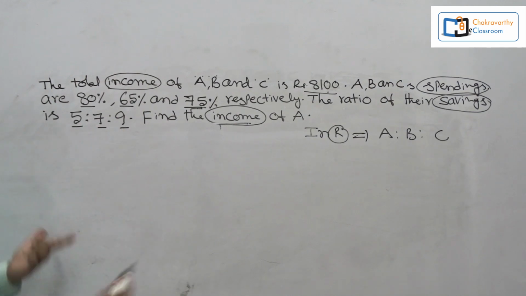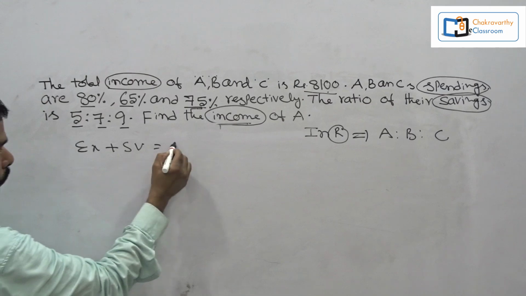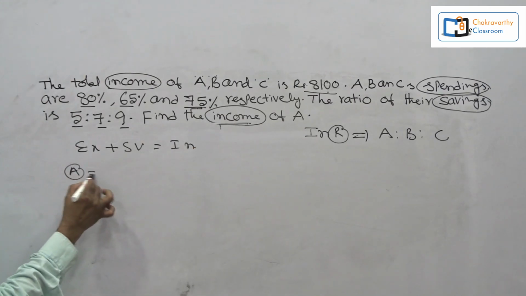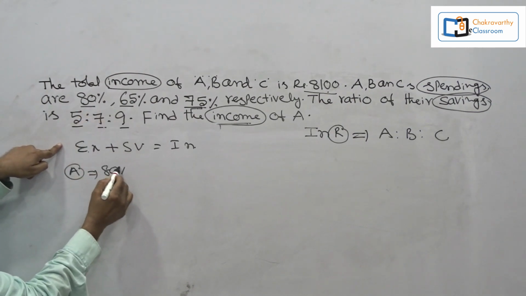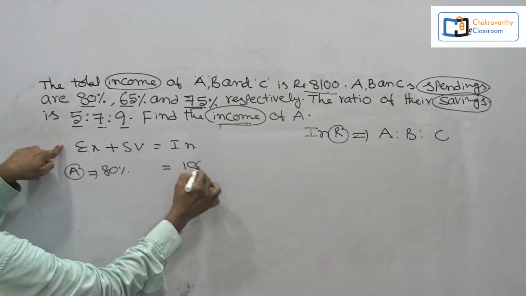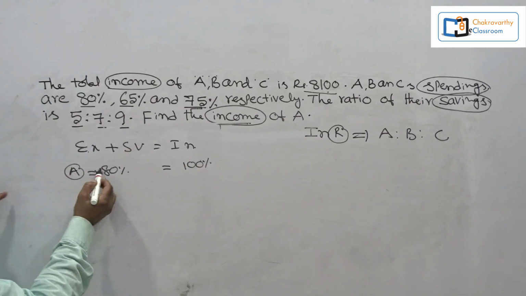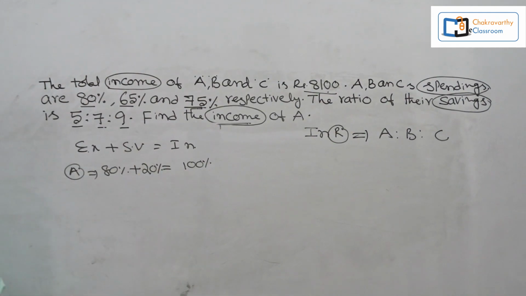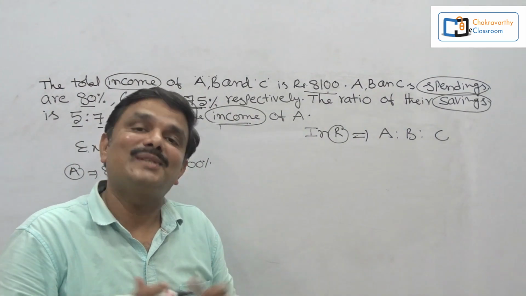Here we know that expenditure plus saving will give me income. Now start with A's case. In A's case, expenditure is 80%. Of course, total income we have to take as 100%. So 80 plus saving, which becomes 20%. 80% expenditure means the remaining 20% is saving only.